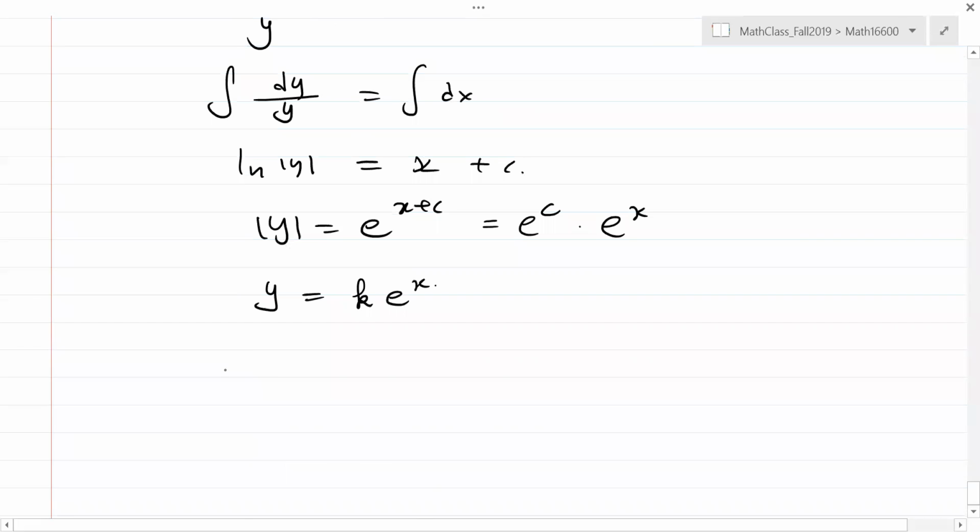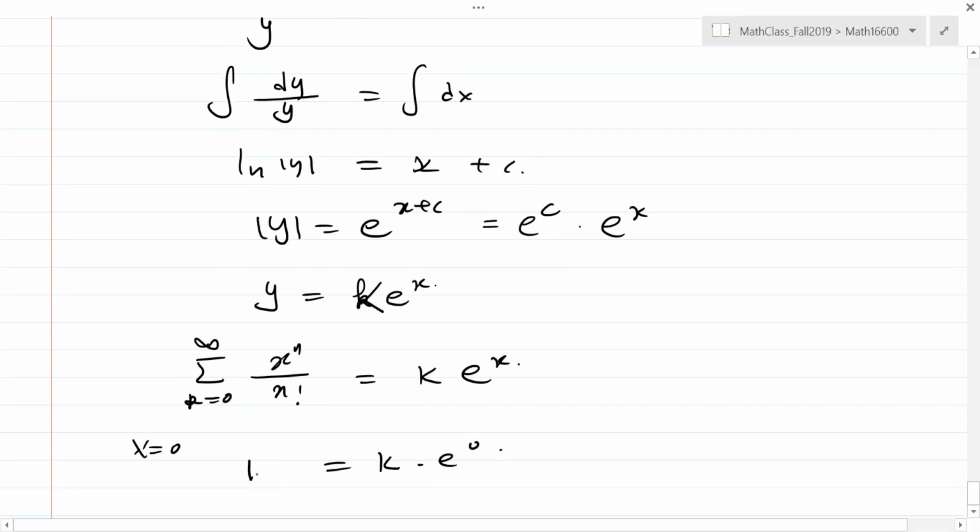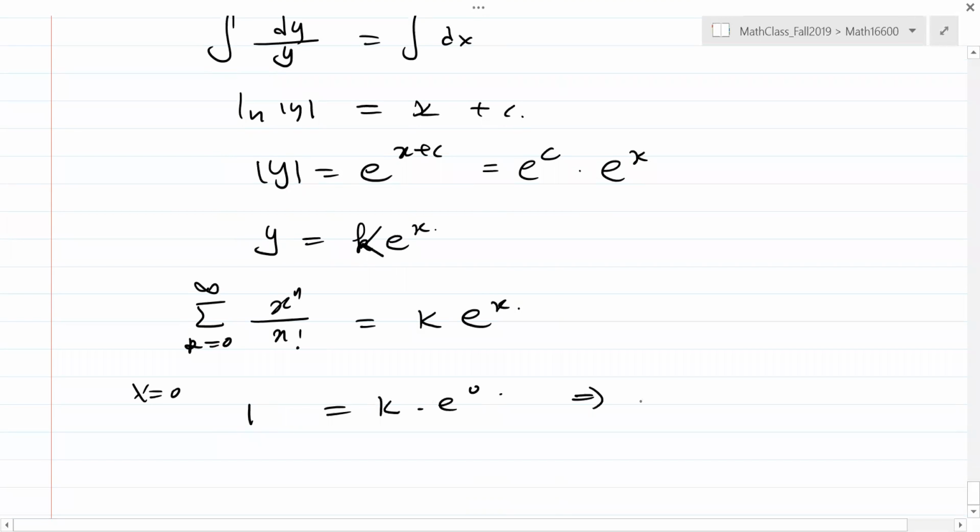That means, I should use another capital K here, sigma x to the n over n factorial is going to be K e to the x. But when x equals 0, K should be 1. At x equals 0, 1 equals K e to the 0, so K is 1.